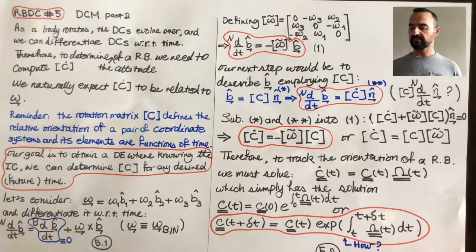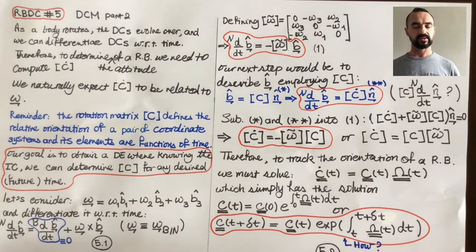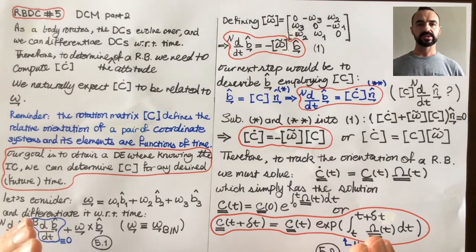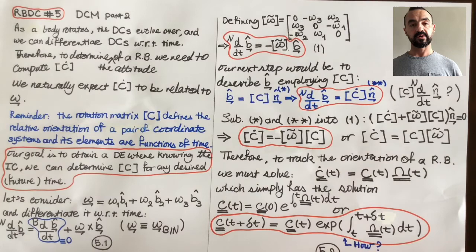And this I'm going to further discuss in my next lecture. All right, to summarize, our goal was to find a differential equation. Our goal was to find the direction cosine matrix at any desired time. I know that if I have a differential equation in terms of the direction cosine matrix, and if I have the initial condition, I can compute our direction cosine matrix at any future time.